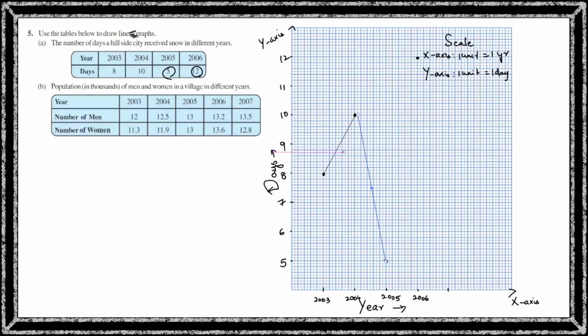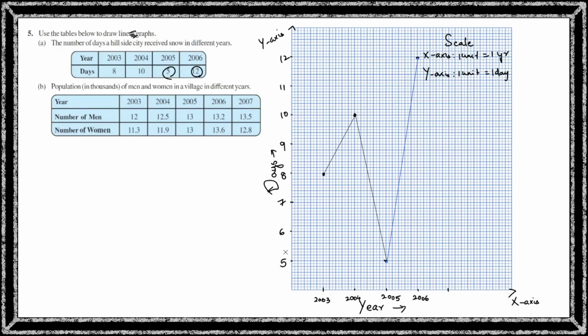That is the data of 2005. And then I'm going to join the fourth point to the third point over here. So this is how your graph is going to look, right? That is all they asked us to do: use the table below to draw the line graph. So this is your first bit.